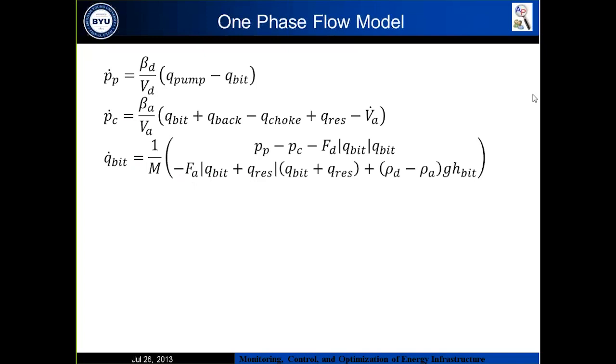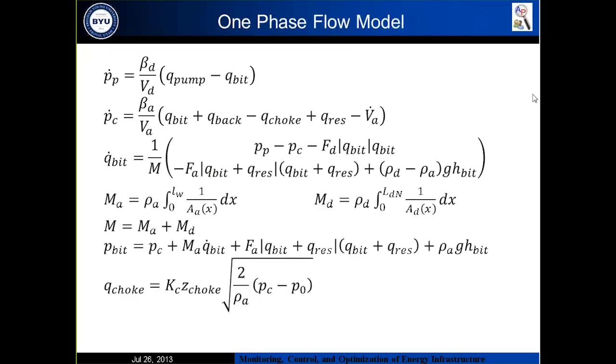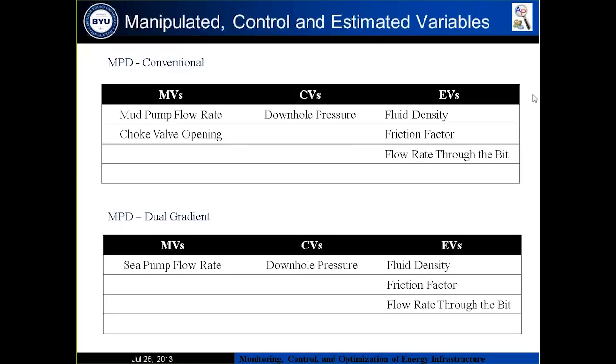So these two need to be estimated. After estimating the pressure through the drilling bit and the annulus, the density and the friction factor, they can estimate the pressure of the bit. We'll talk about it more later.